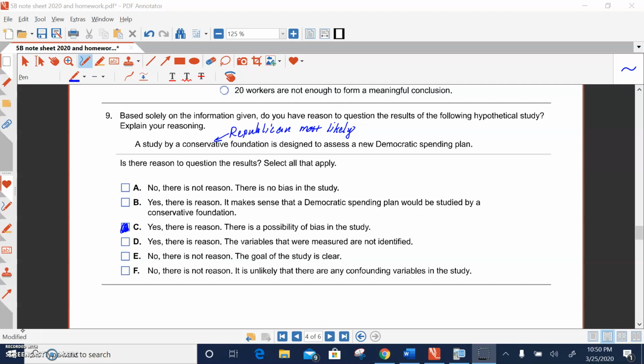So, a study by a Republican foundation is designed to assess a new Democratic spending plan. There is some controversy there, and I would say there's reason to question the results. There's possibly some bias in the study, again, because a Republican foundation is assessing a Democratic spending plan.